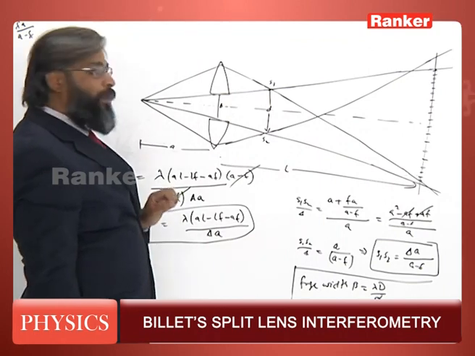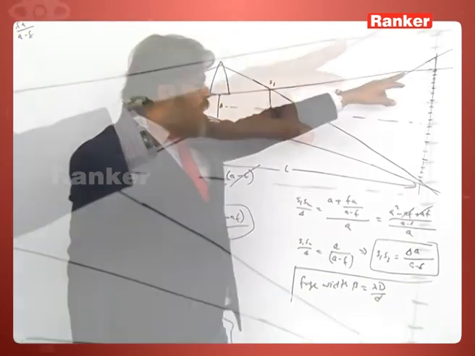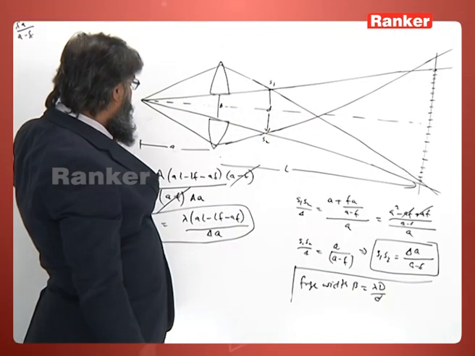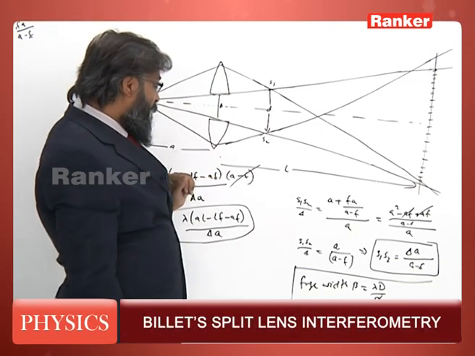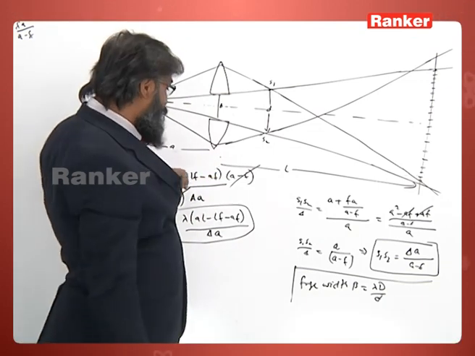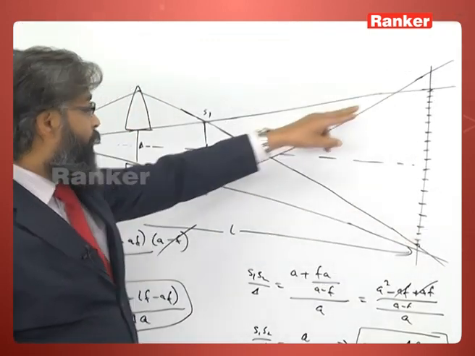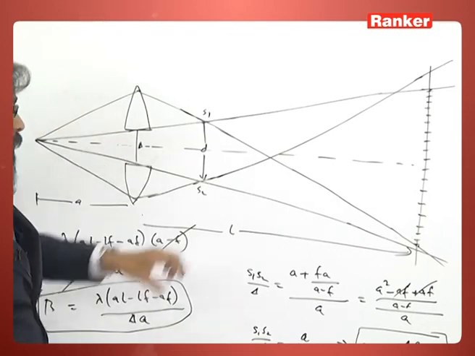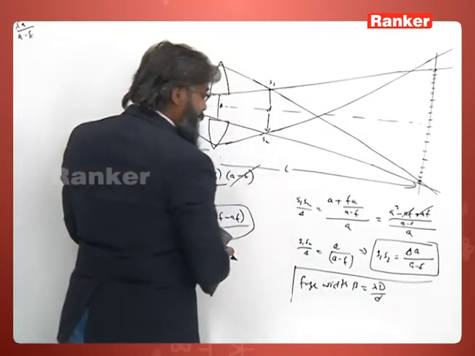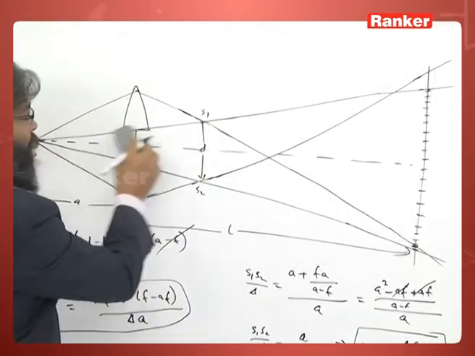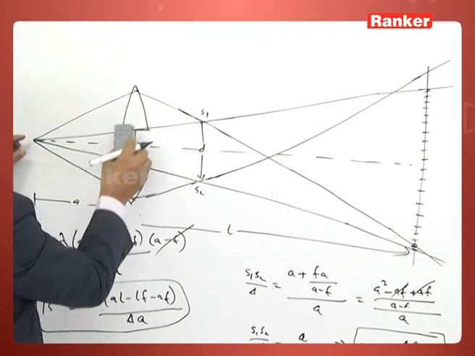Now the fringe width beta is calculated, and interference is within this region. Now for the total number of fringes, in order to calculate it, we further require this distance, which we can calculate again from similarity of triangles. You see this triangle is similar to this triangle.